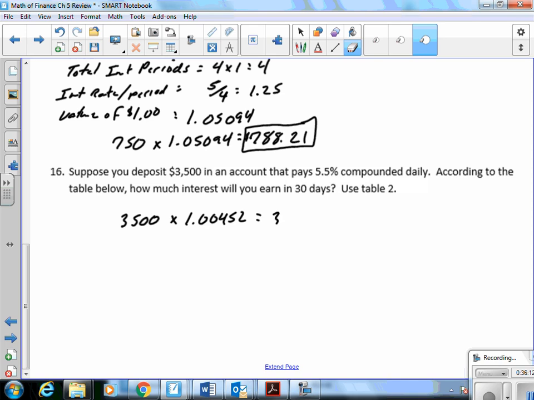Multiply that out and we get 3,515.82. We're trying to find out how much interest you'll earn, so we subtract the original deposit of 3,500, so $15.82 is the interest earned.